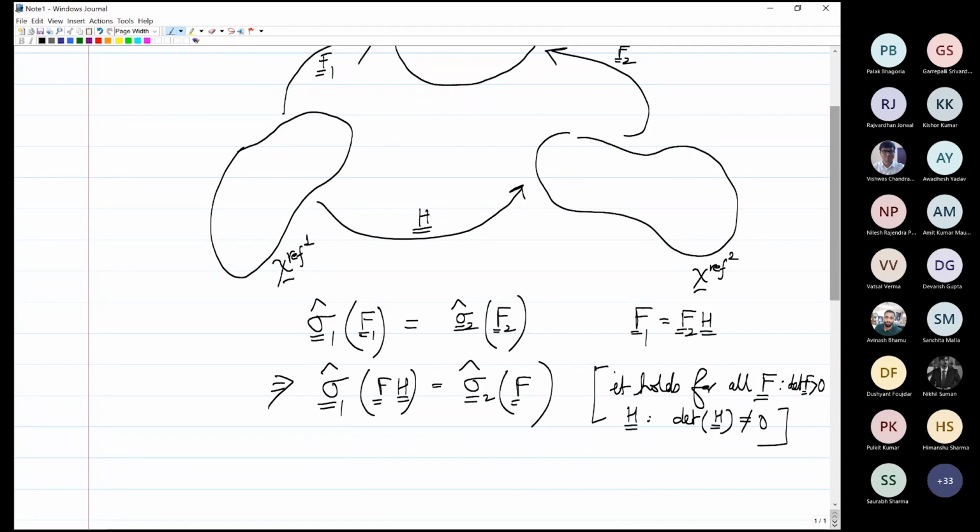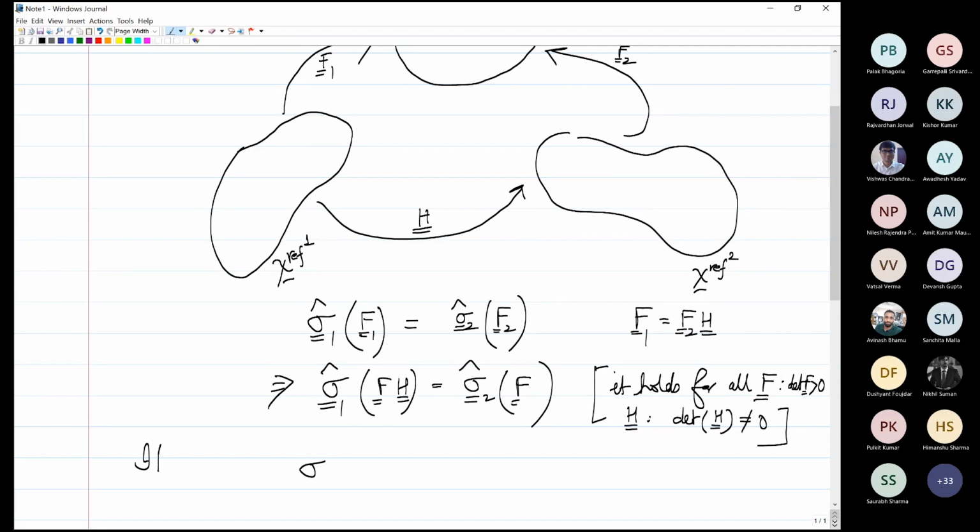Further, it is possible. This is what we were discussing in the end. It is possible, not always, but by luck, that the two configurations are such that the response function is the same.